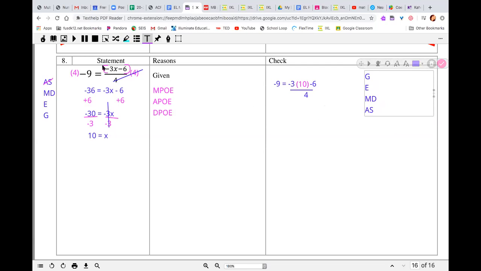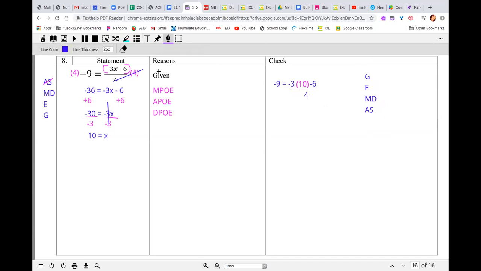Do I want to put the group symbol over here again? Yeah, that might be helpful. Okay, so it says groups on top. Do I start with groups? Yep.